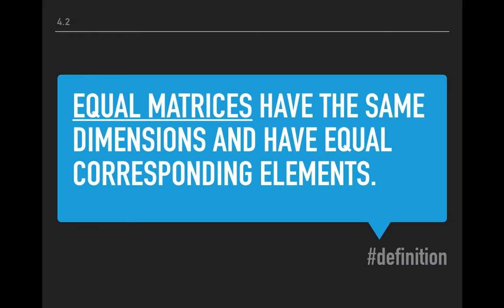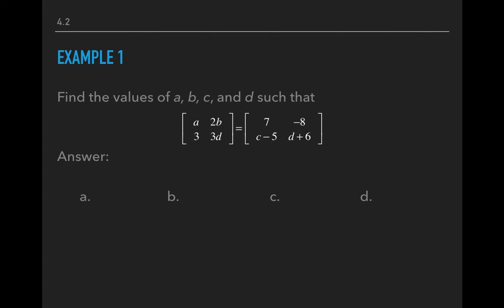So let's get started. We need to begin by defining a few things, the first of which is what are equal matrices? They are going to have the same dimensions and have equal corresponding elements. So let's look here at this first example.